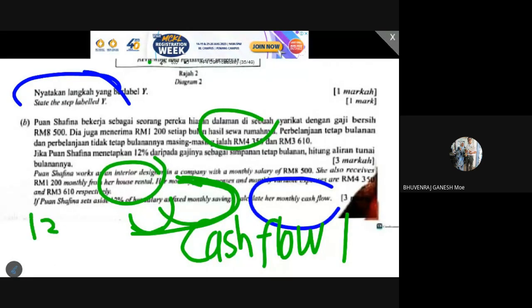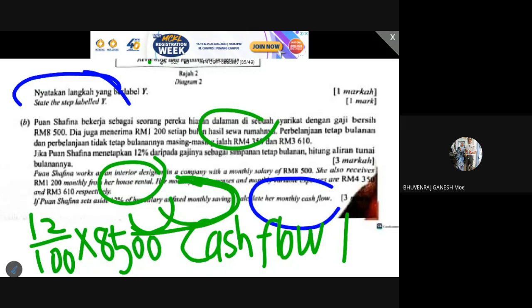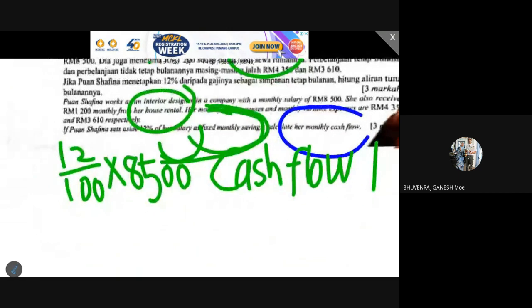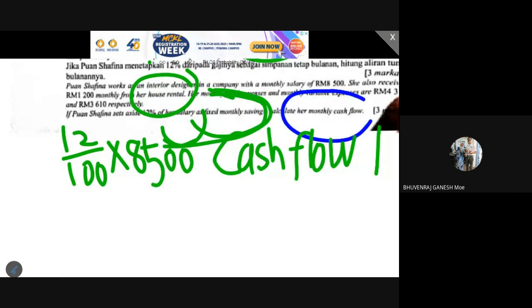So 12% she set as monthly saving. So can you count the value? Berapa nilai yang ni? You will get, I think, 1020. 12% set as fixed monthly saving. So fixed monthly saving, nilai dia adalah yang ni.